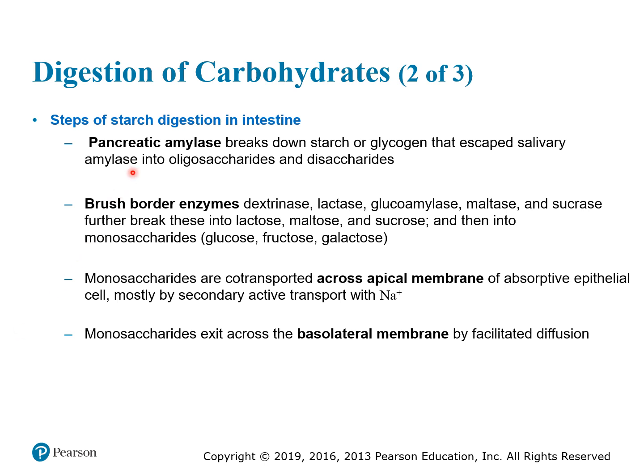Along with pancreatic amylase, we also have brush border enzymes. Brush border enzymes are dextrinase, lactase, glucoamylase, maltase, and sucrase. They further break down these oligosaccharides into lactose, maltose, sucrose, and then into the monosaccharides glucose, fructose, and galactose.